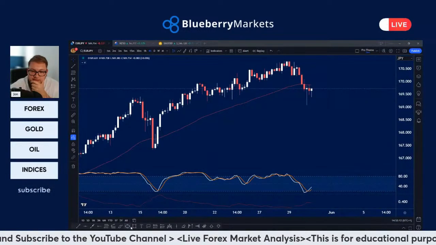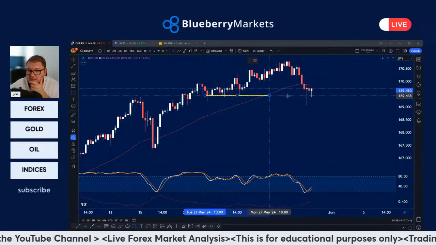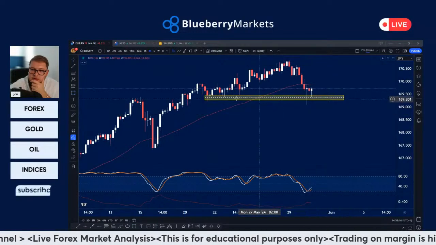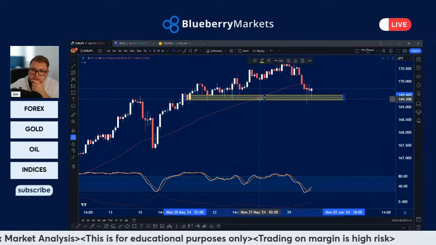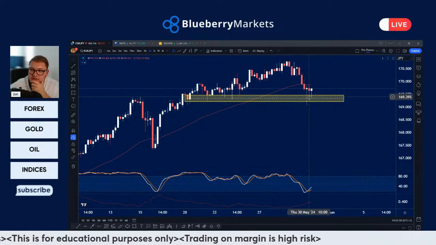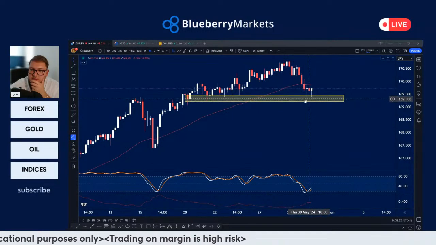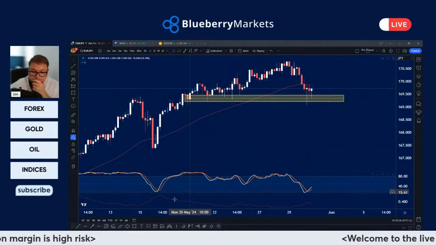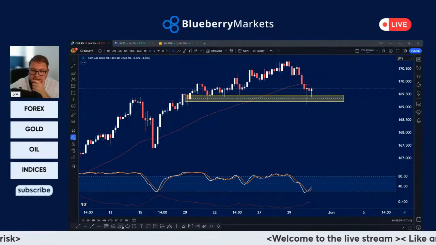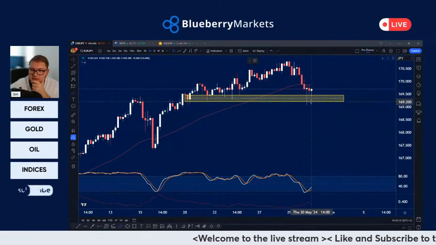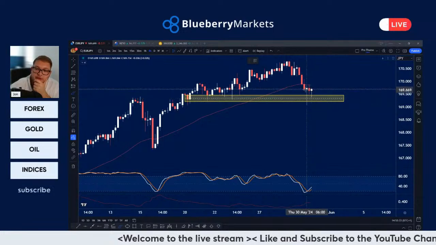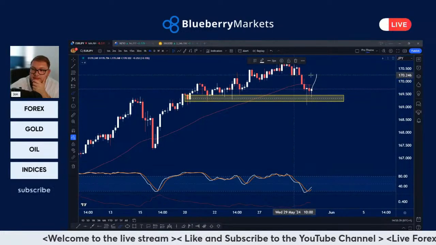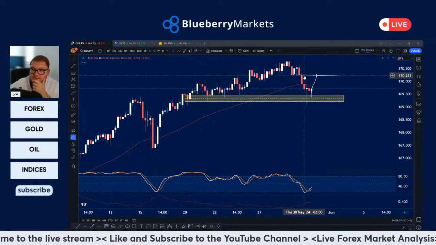I imagine it's all very similar to the likes of CAD yen. We can definitely see there's some support down towards this area here, around 169.25. Kind of holding here at the moment. But again, we're breaking the 50 MA. I like the idea of maybe being a buyer, but maybe backing towards that low there, that 170 handle.